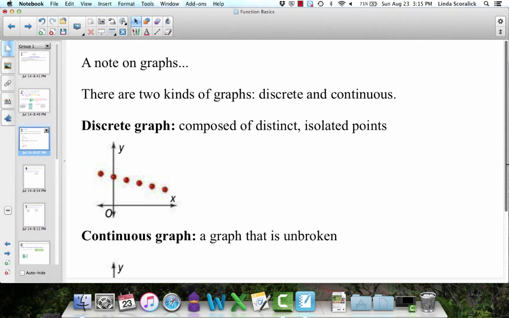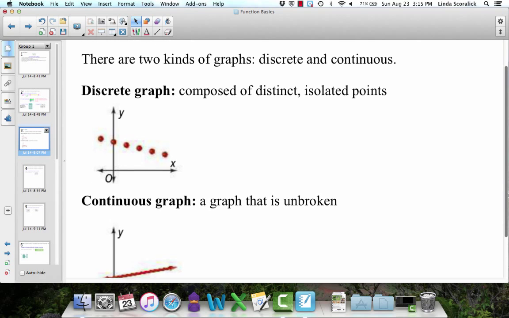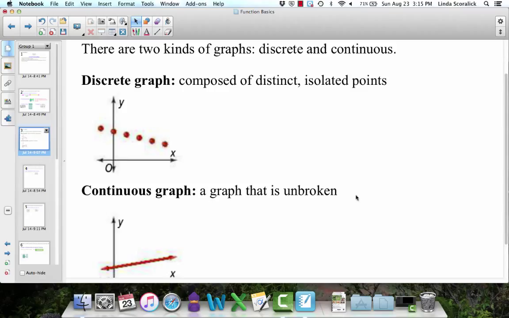Graphs are kind of a sticky situation because we have a couple of different kinds of graphs, 2 in particular. The first is discrete. A discrete graph is simply composed of distinct isolated points. So if you go back to example number 4, when we looked at that graph, that was distinct points. It was an example of a discrete graph. A continuous graph, on the other hand, is one that is unbroken. So what that means is that we're going to have no jumps, breaks, or holes.